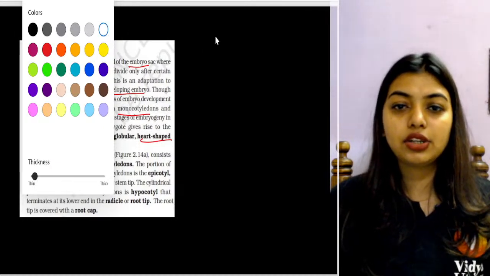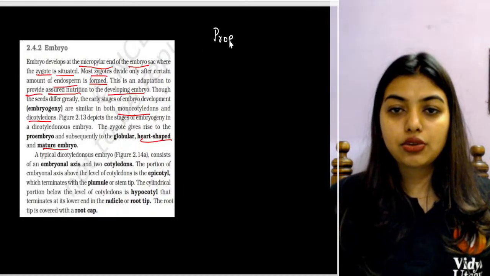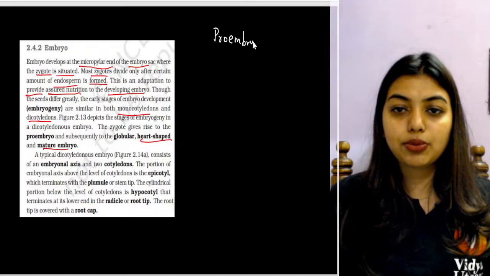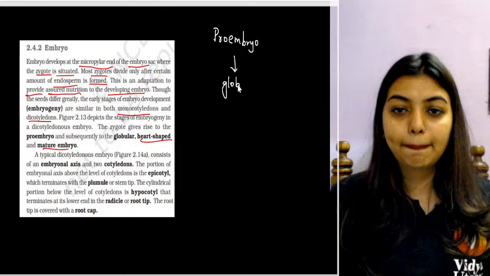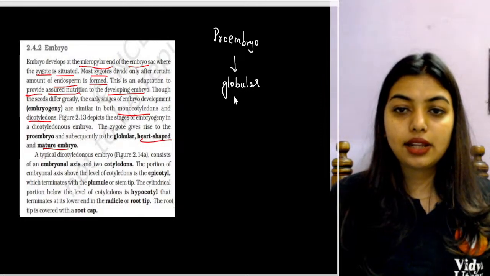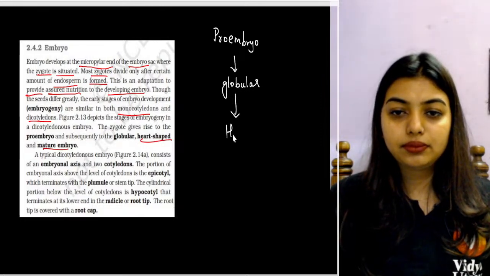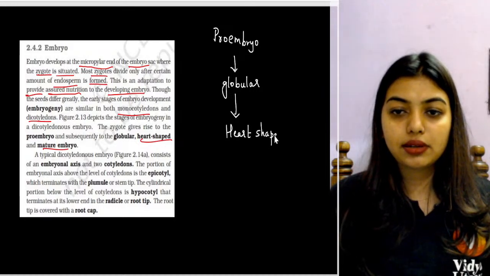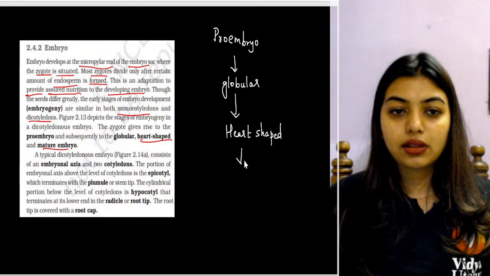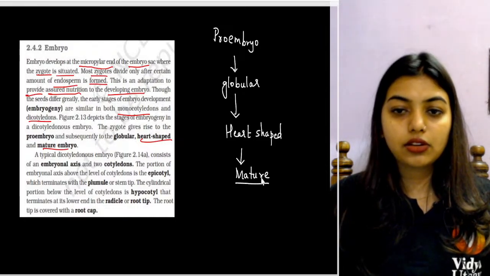That is your pro-embryo stage. You can look at the diagram in your textbook. Pro-embryo stage, after that a globular, then a heart-shaped, then mature. Got it?